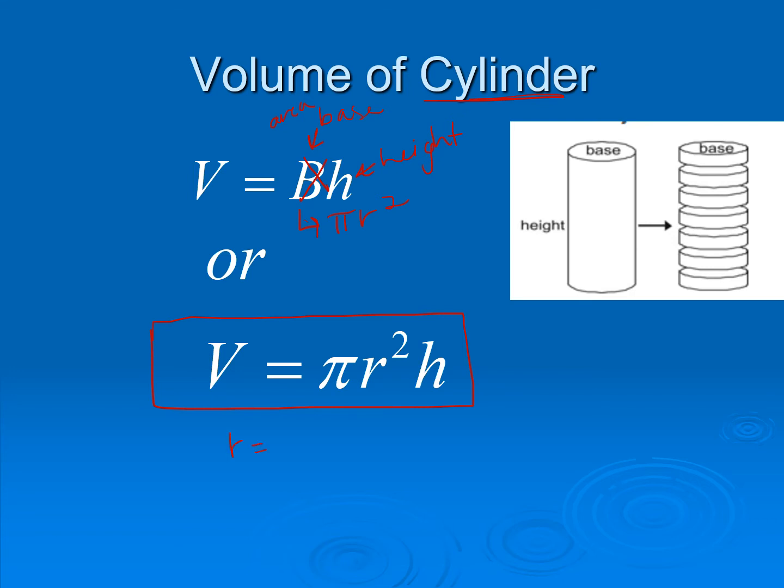Again, jotting down what the variables mean: r is our radius, and h is our height, which is between the bases. Just like our prisms, we are using the same formulas, but instead of a big B, we're using the formula we have for circles because all cylinders have circular bases.